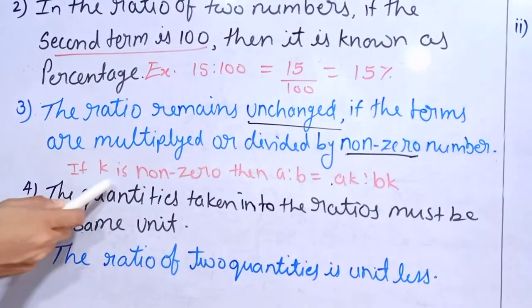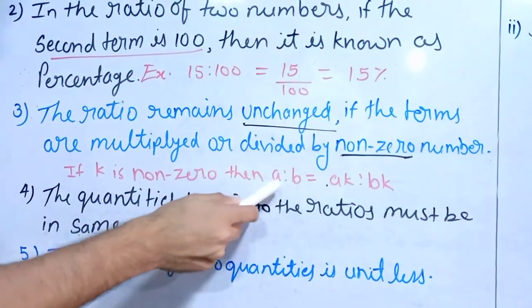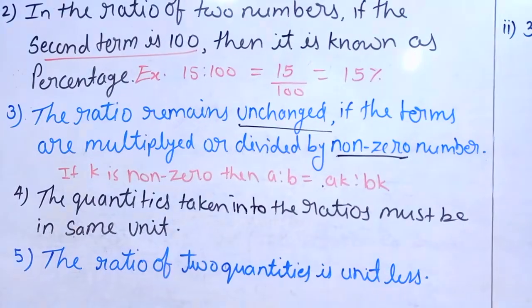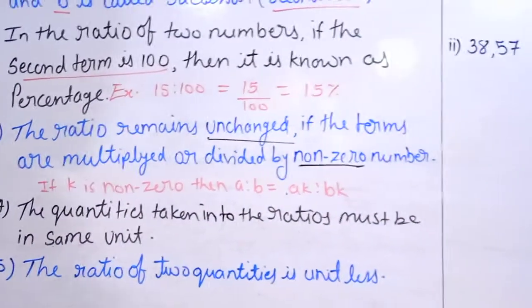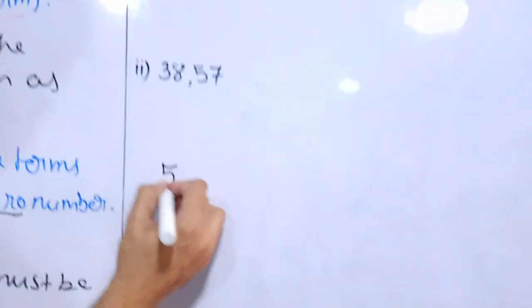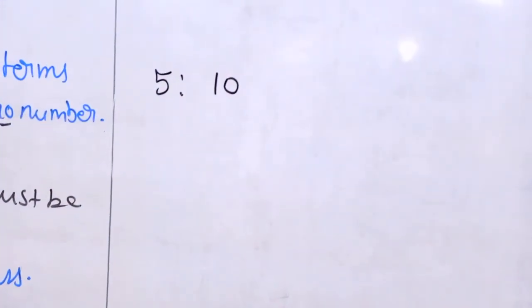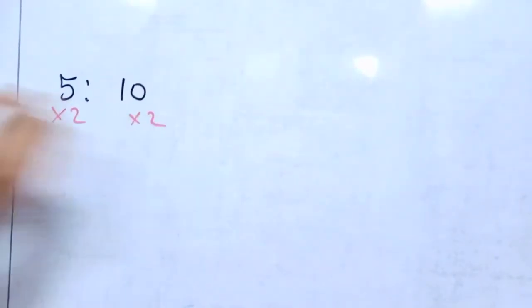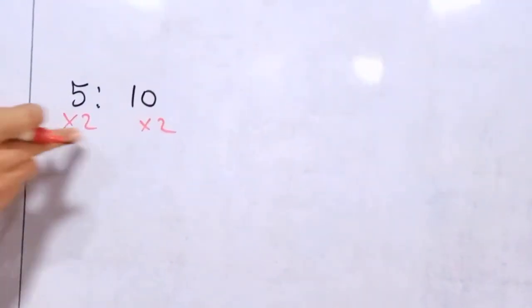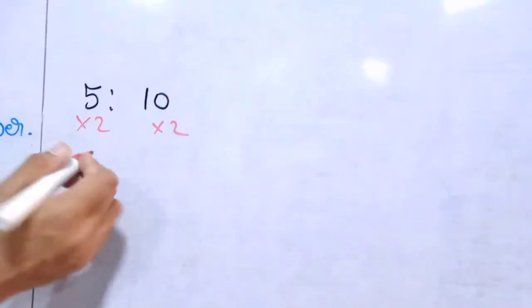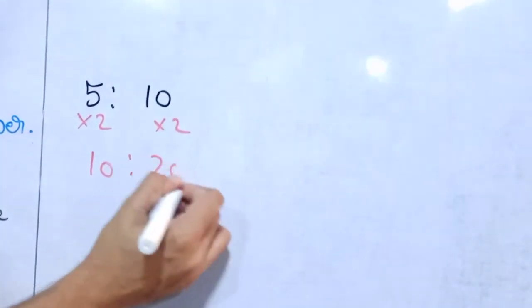Like if k is non-zero, then A is to B is equal to AK is to BK. Let's see a small example. If we have 5 is to 10 as our ratio, and we multiply both terms by 2, first term as well as second term, it will become 10 is to 20.